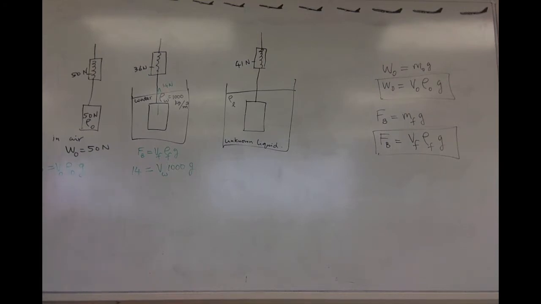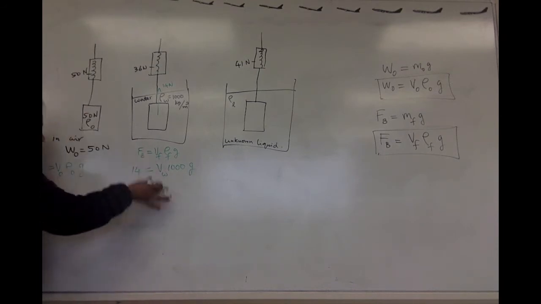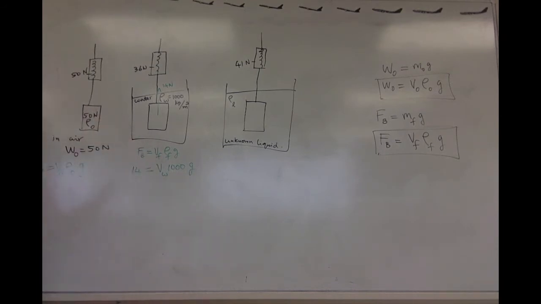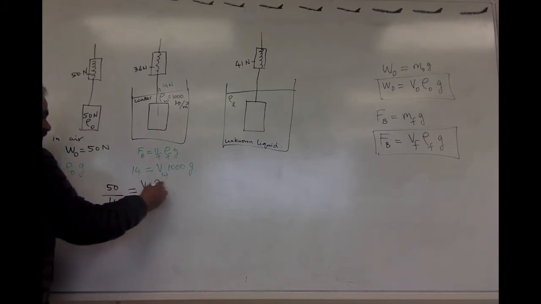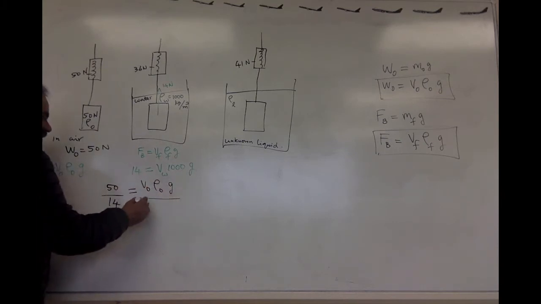But before you cancel out, now how do we actually start meddling with these two equations? This is what you do. Divide this equation with this equation, or this with this. Decide which one you want to divide. So, look what I'm doing. 50 divided by 14 equal to V_O rho_O g divided by V_W 1000 g.